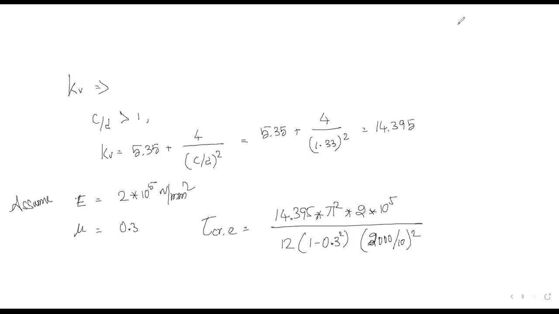The kV value is 5.35 plus 4 divided by 1.33 square, that is 7.611.